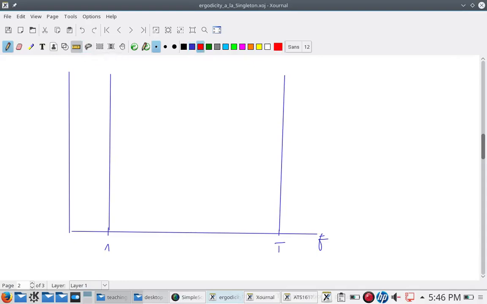So I'm going to plot a realization of a stochastic process like this. Okay, and what this represents is a sequence. This is indicated by these curly brackets of the stochastic process, indicated with x sub t.